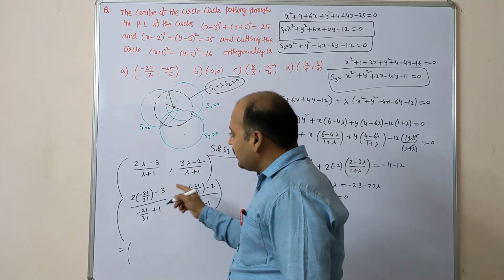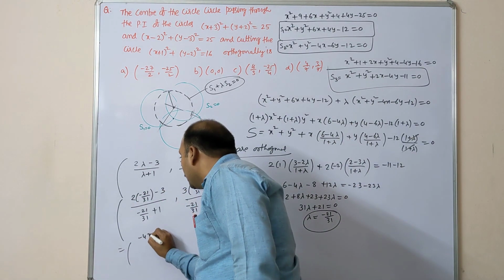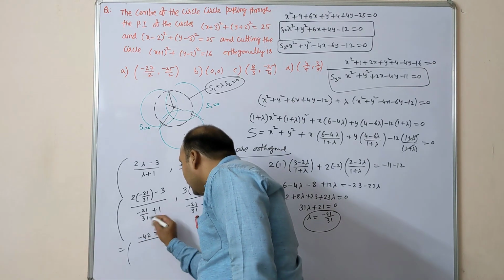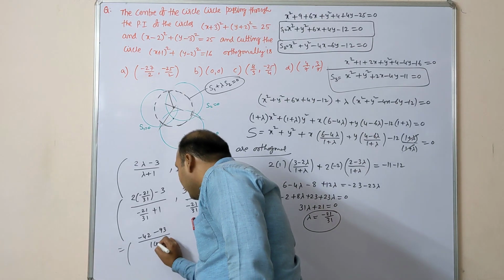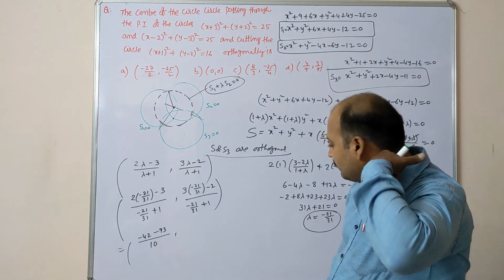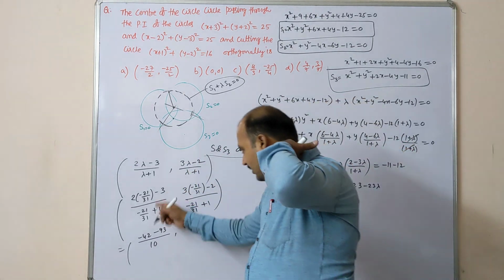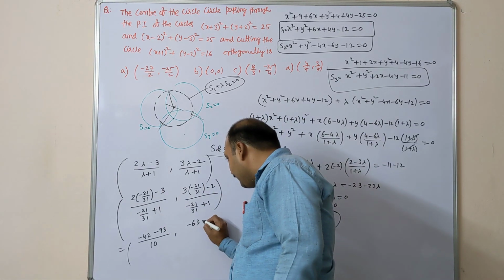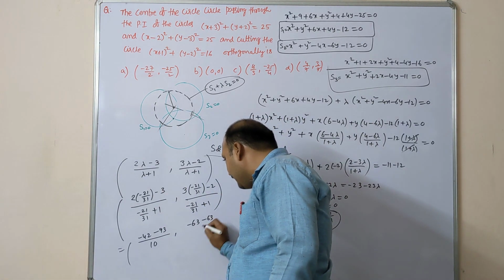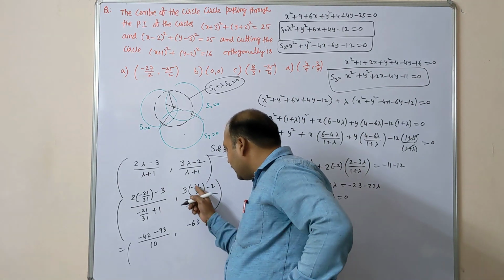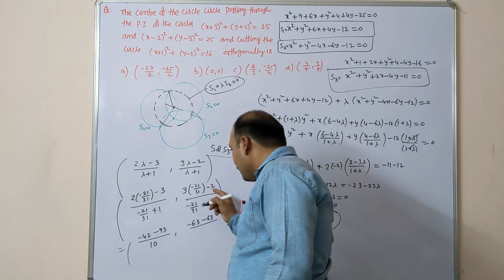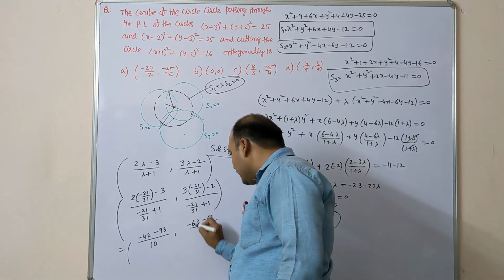So anyway, 2 into 21 is minus 42, minus 93, by, here 31 cancels, so 10 will be there. 31 cancels here, students. Here also minus 63, minus 63, am I right? 3 times of 21, 2 times of 31, by, here 31 cancels, 31 minus 21, 10 will come.